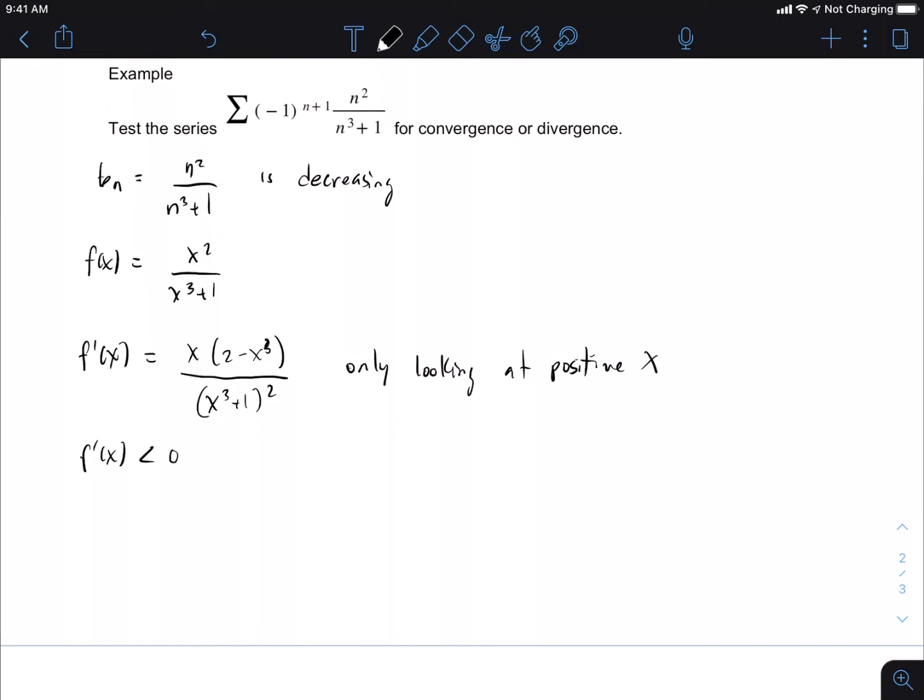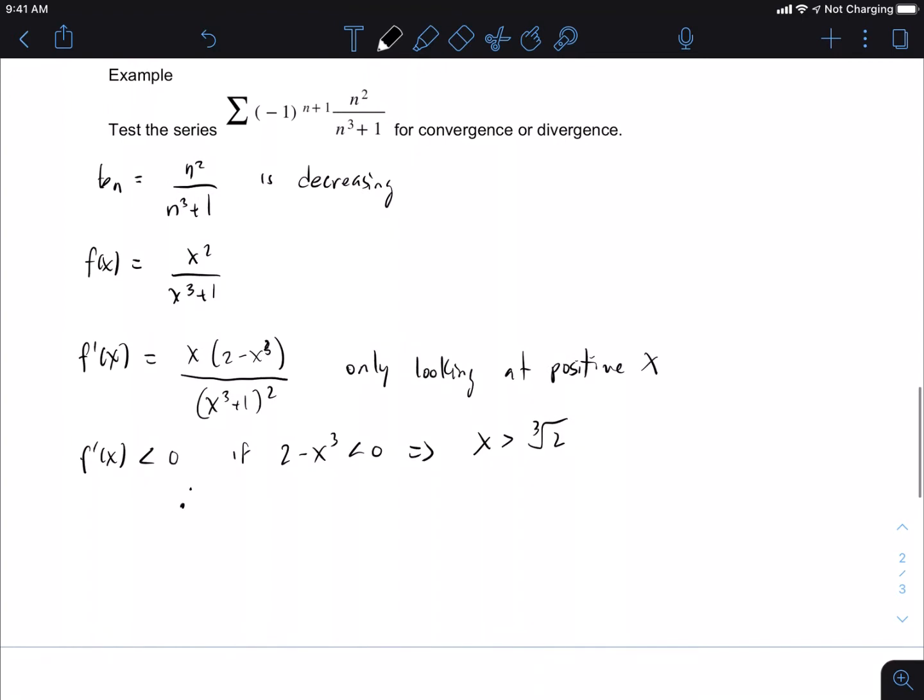This is less than 0 if 2 minus x cubed is less than 0, which implies that x is greater than the cube root of 2. Anything bigger than the cube root of 2 gives us a decreasing value. So by looking at the derivative, we know that f of x is decreasing from the cube root of 2 to infinity.